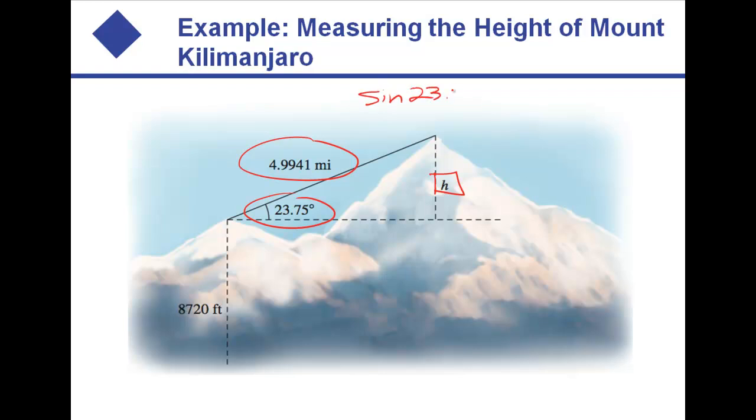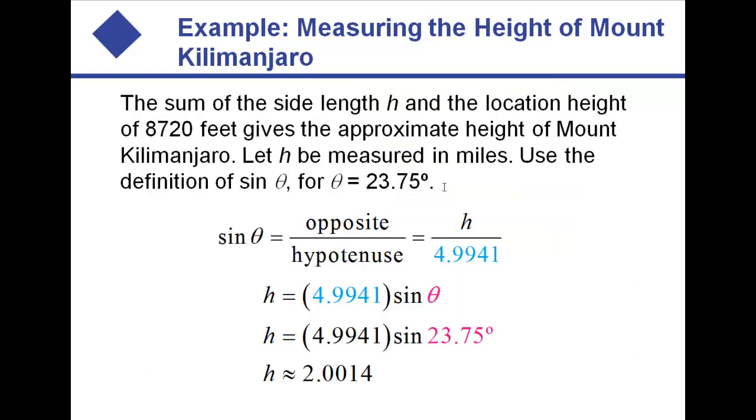Sine of 23.75 equals opposite over hypotenuse. I know it's confusing because it's an h, but it's opposite over hypotenuse, 4.9941. Multiply both sides by 4.9941 to solve for h. Don't forget you're going to have to add 8720 to it to find the actual total height of Mount Kilimanjaro.